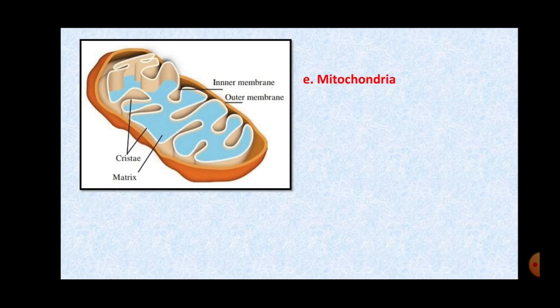Because the extra amount of energy which is produced inside the cell, that is stored in the mitochondria, and as and when the extra energy is required, the energy is taken from the mitochondria. Thus, they are called as powerhouse of the cell.